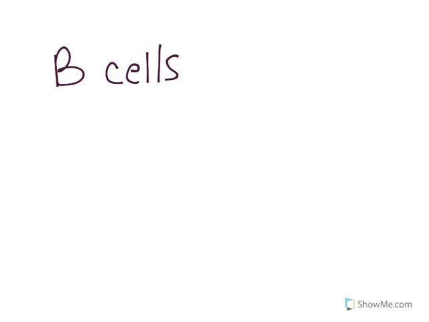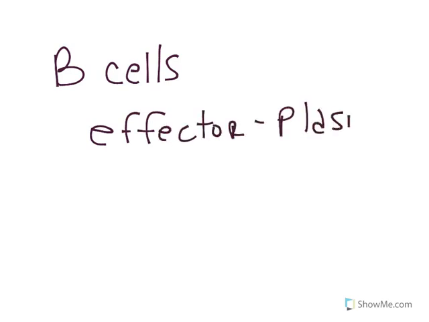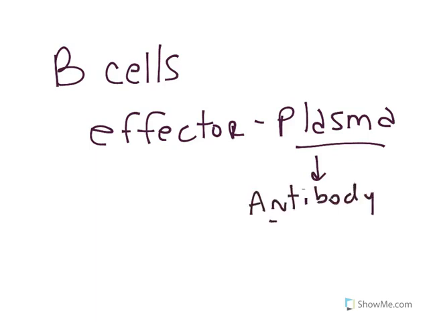When this happens, it can lead to proliferation and differentiation into the effector cells. So the effector cell for a B cell is called a plasma cell. You need to know this. Okay, a plasma cell. And plasma cells are the ones that will produce and secrete antibodies.